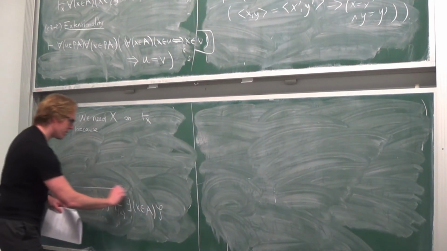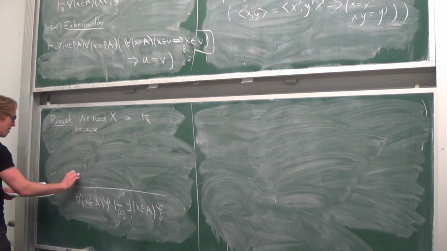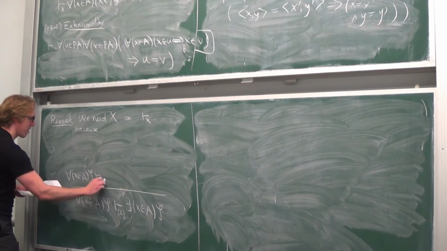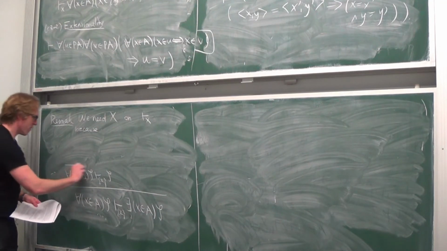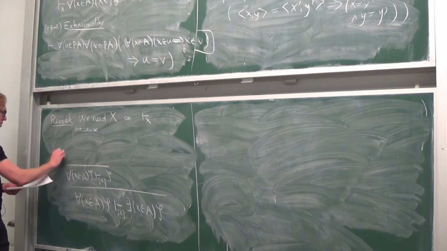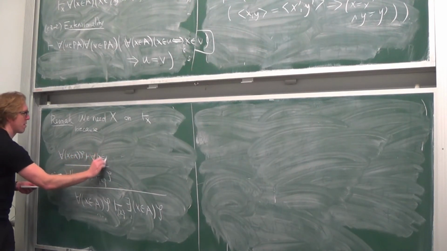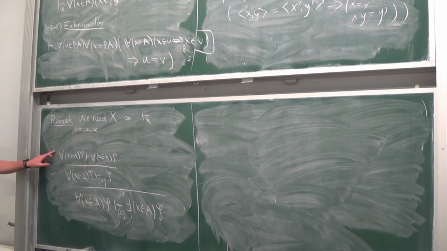For the following reason, we can deduce it from this, and this came from this. Right, so this was the axiom rule.